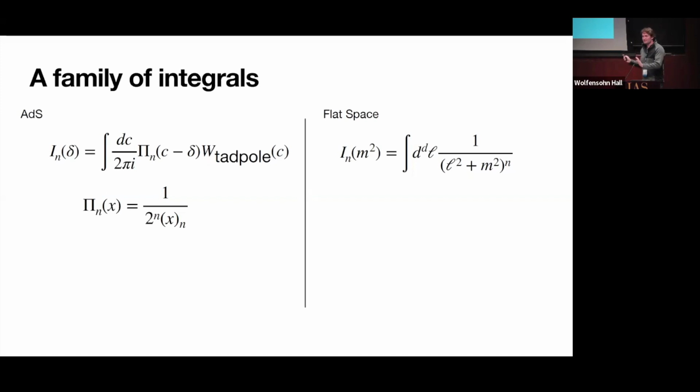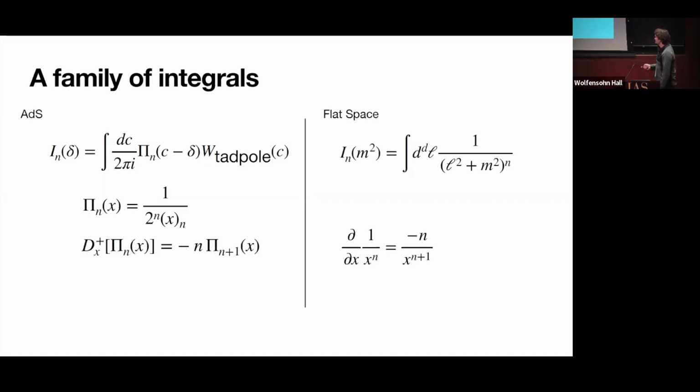This seems a little bit random. But the reason for that is that this Pochhammer symbol is directly analogous to 1 over x to the nth power. Because again, what is the defining property of 1 over x to the nth power? The defining property is that if I take the derivative of 1 over x to the nth power, I get negative n divided by x to the n plus 1. That's what 1 over x^n really is.